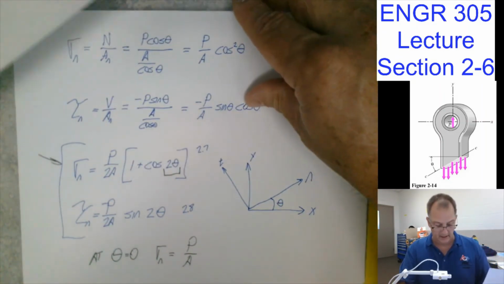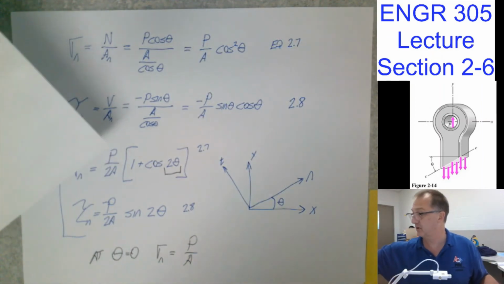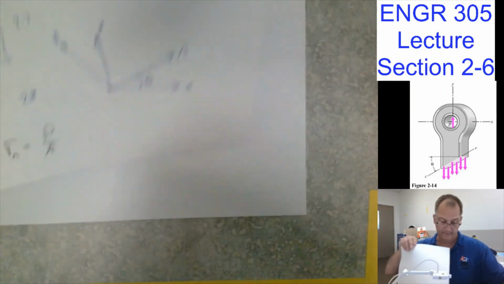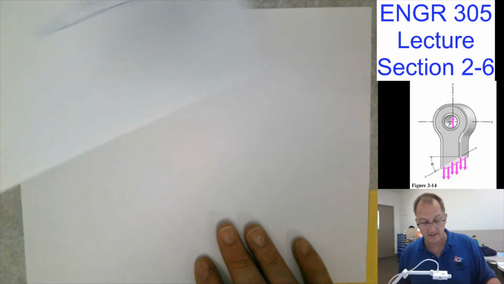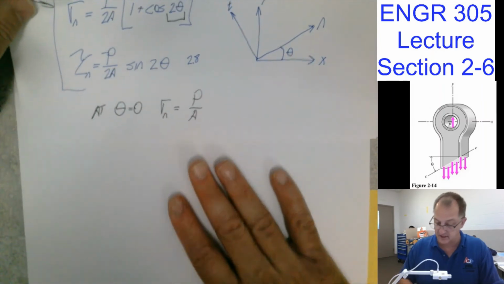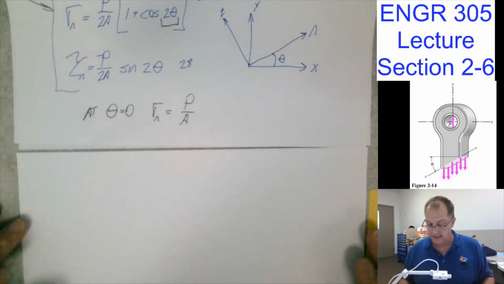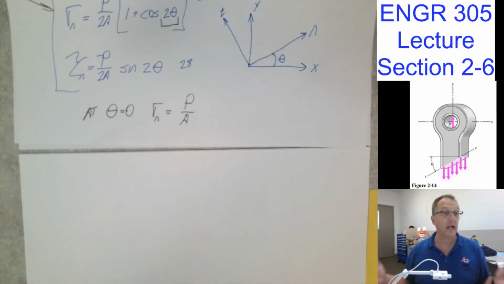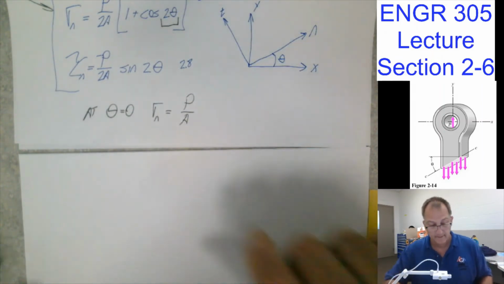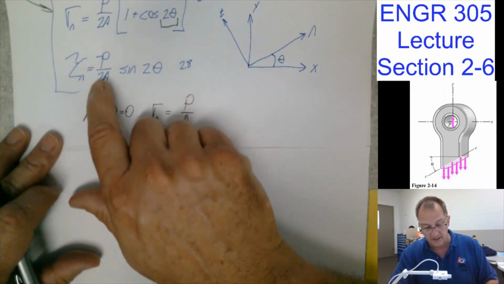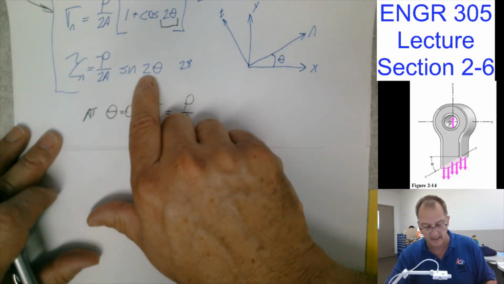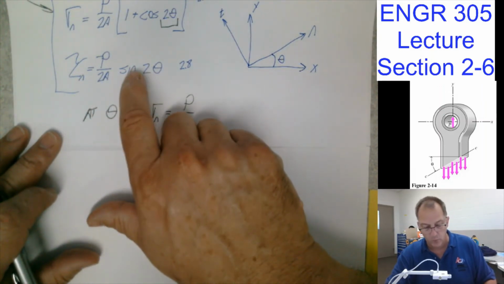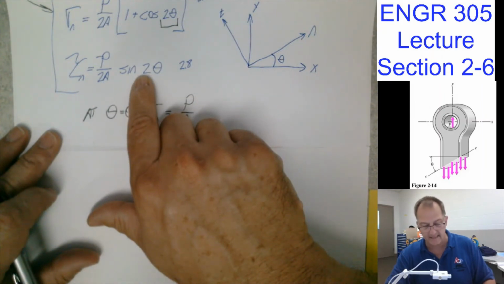Okay, here's the winner. Here's the question we really want to see: where do I get my maximum shear? And you guys know this, you actually did the experiment already. I know, it's only like the second week of school, you've already done the experiment. Shear is equal to minus P over 2A sine of 2 theta. So when is this going to be the maximum?